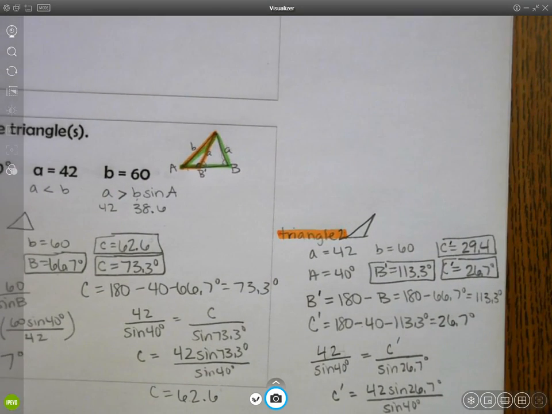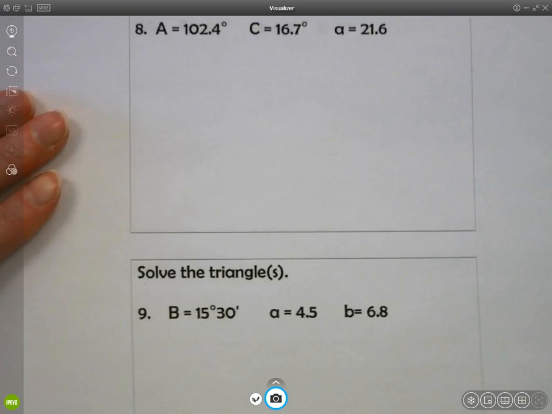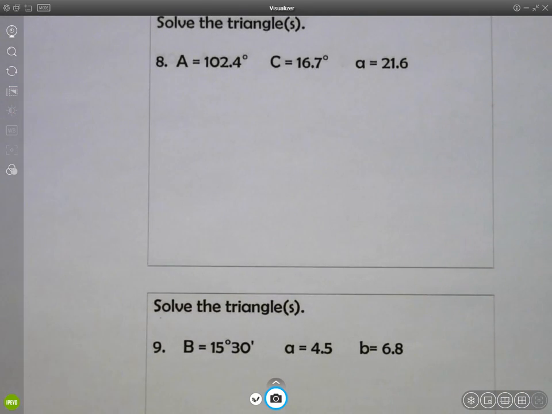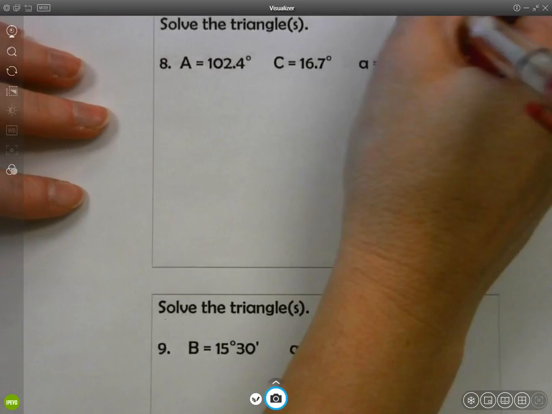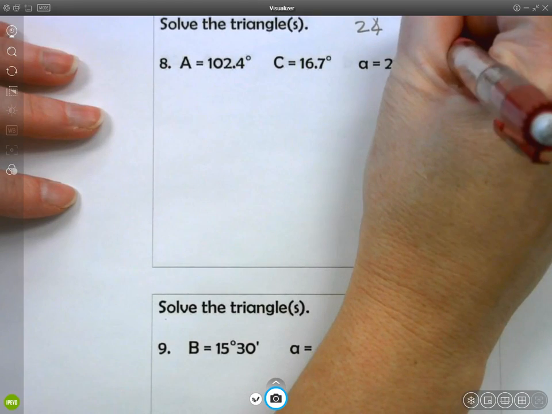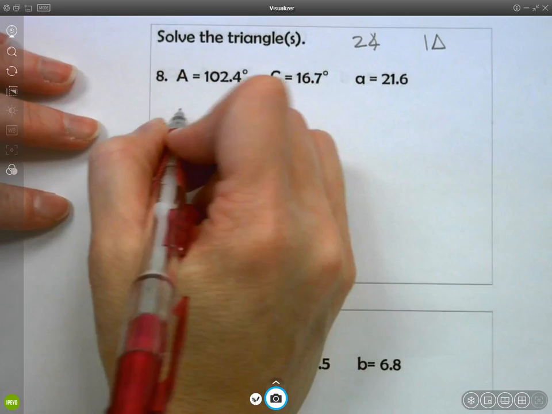Alright, so let's try another example. Alright, for this next example, we have 2 angles. So if I'm given 2 angles, it's not ambiguous. I automatically know that 2 angles means 1 triangle. So this is just like yesterday's notes.